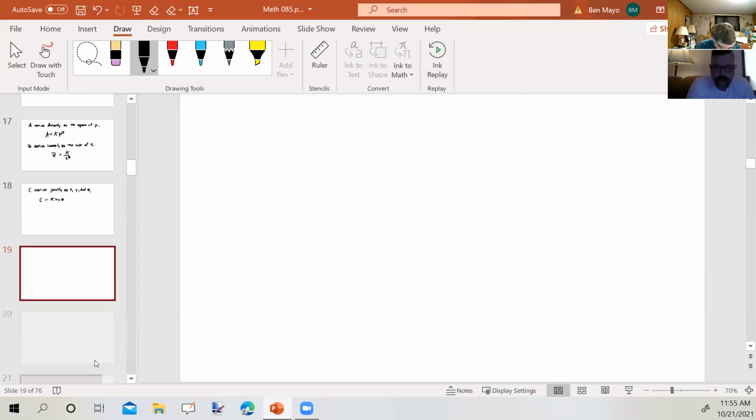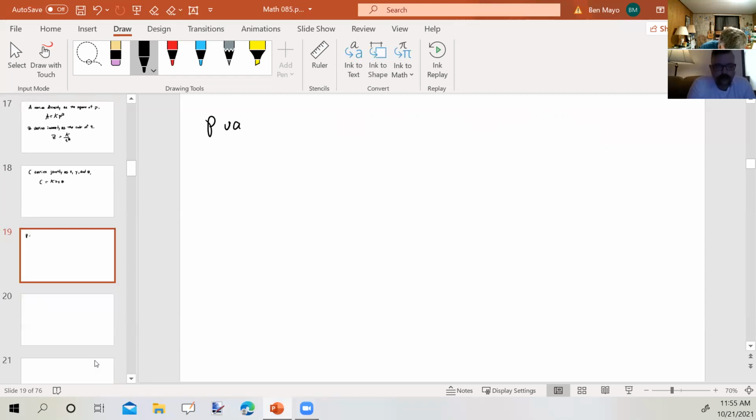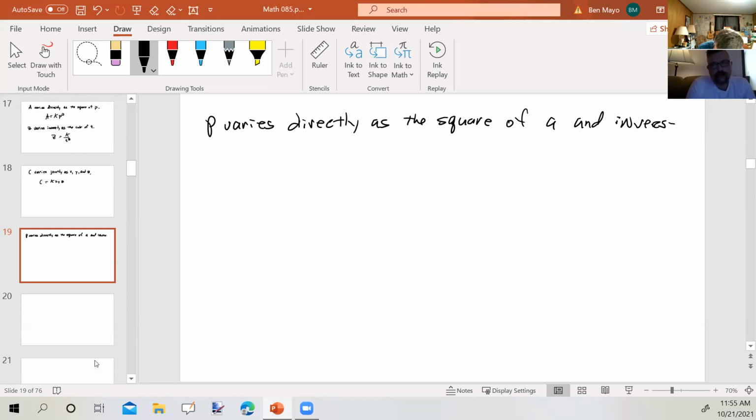Okay, now this one says P varies directly as the square of A and inversely as the cube of J. So P equals K A squared over J cubed.